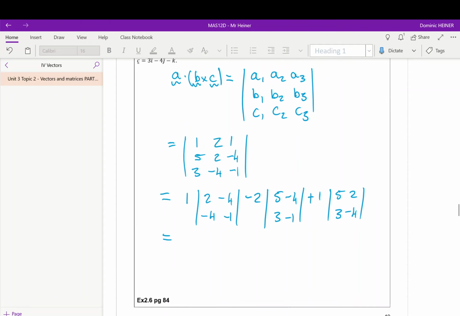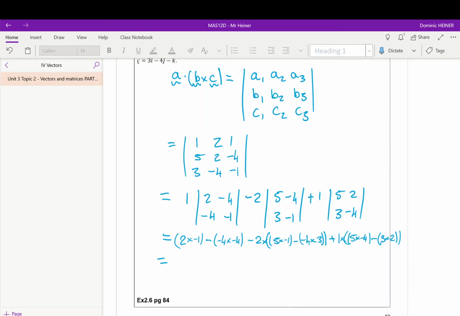Finding the determinants of these three submatrices, we get 2 times -1 take -4 times -4, minus 2 times 5 times -1 take -4 times 3, plus 1 times 5 times -4 take 3 times 2.